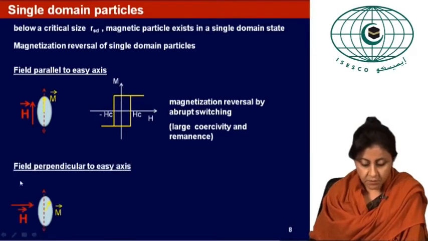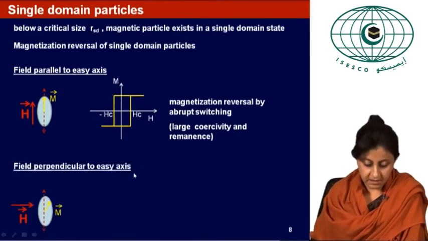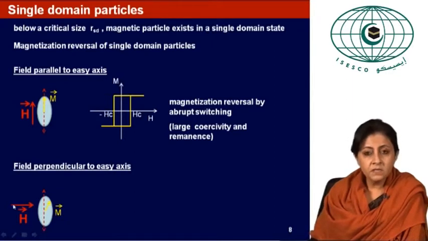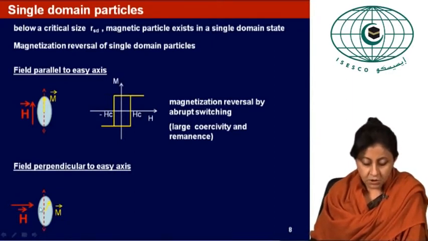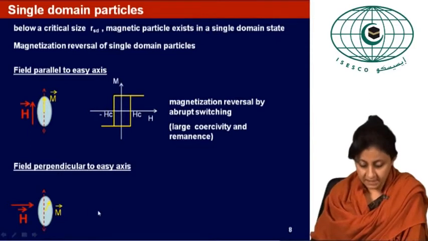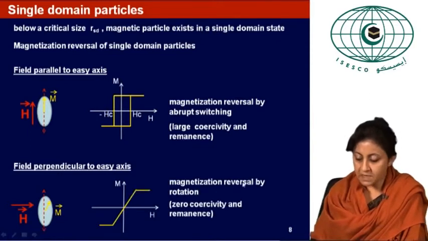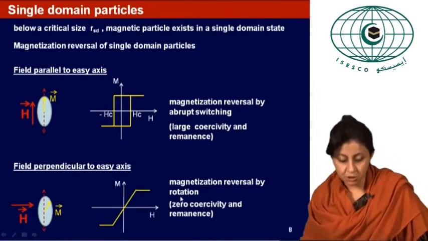The other case is where you apply a field perpendicular to the easy axis. Now what the field does is that it will apply a torque on the magnetization, and this torque will rotate the magnetization towards the field direction, that is along the right hand side. So here magnetization reversal occurs by rotation.